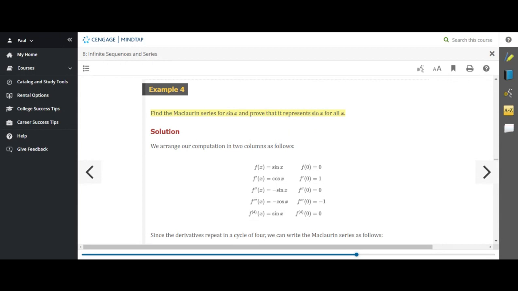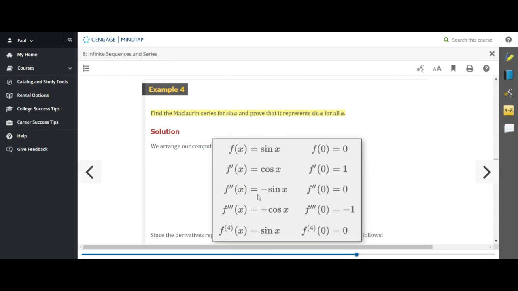What they do is what we did with the previous problem. They take some derivatives, go out to the fourth derivative, and then evaluate these derivatives at 0.